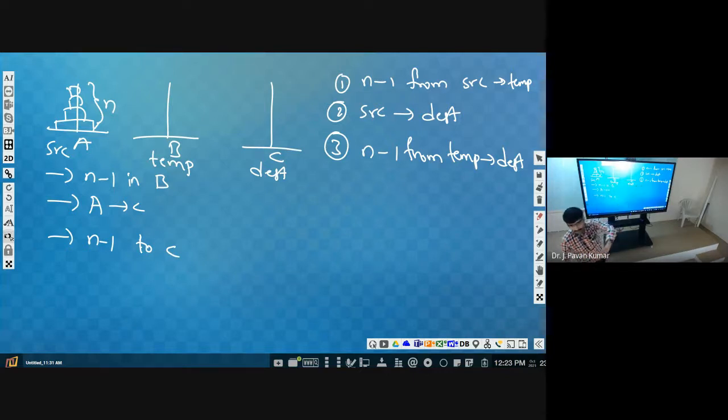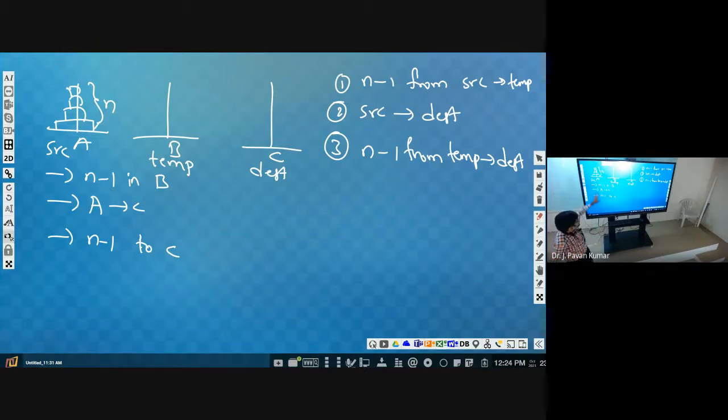Can we use recursion to solve this problem? Are we using recursion here? What is meant by recursion? When will we use recursion? Whenever a problem can be solved in terms of the same kind of sub problem.